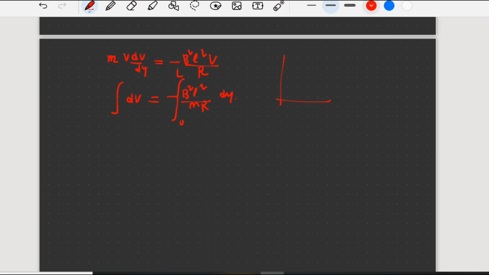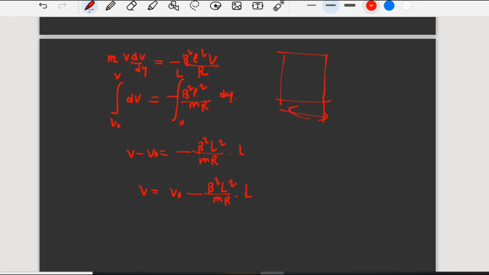Now let's say when the loop will completely enter inside the magnetic field, that time the velocity of the loop is v, started from initial velocity v naught, so from 0 to L. The loop has started to enter, it will cover L distance. So v minus v naught is minus B square L square by mr into L. So ultimately I am getting v to be v naught minus B square L square by mr into L.